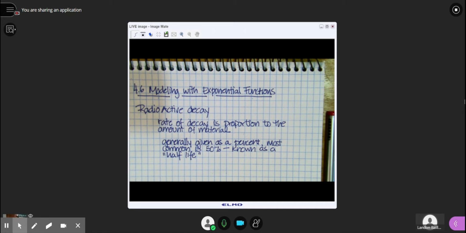So, for example, we use the half-life of carbon when we're dating bones for archaeology, and the half-life of radium, which is a radioactive substance, is like 1,600 years. So if a 100-gram sample decays to 50 grams, we know that 1,600 years has passed.